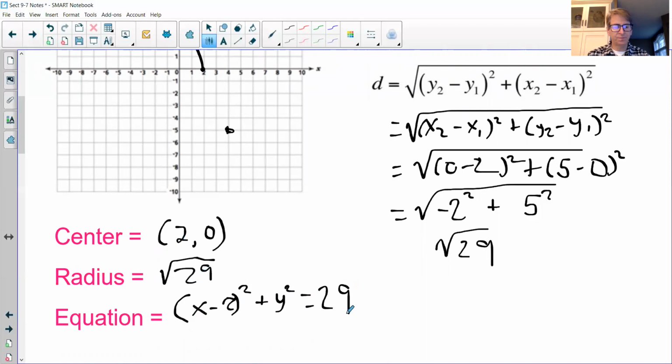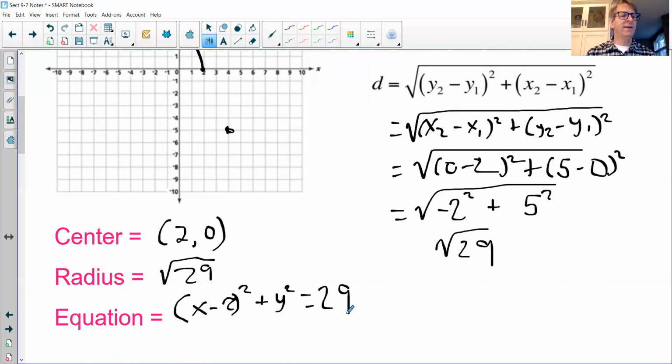Okay? And that's example 5. So we use the midpoint. You were given the diameter. We use the midpoint to find the center. And with the center and one of the points on the diameter, we could use the distance formula to find the distance of the radius. And then we're good to go for the equation.